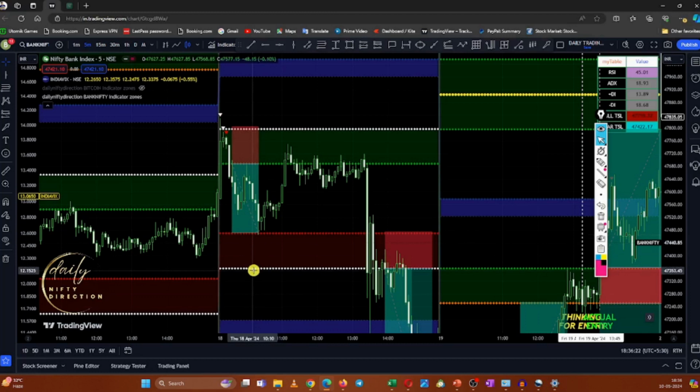Although it can go up to this white line also, but you will book your profit at the touch of this red line, because if you do not book your profit here, either your whole profit would wipe out, or your SL might also be triggered. So you will book your profit here, right?